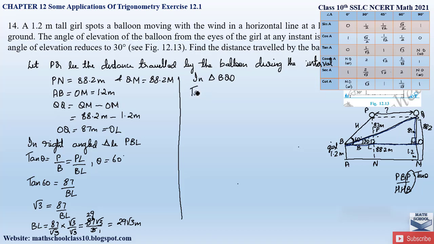So tan theta is equal to perpendicular by base, where our perpendicular value is OQ and base is BO, and the theta value is now 30 degree. So tan 30 is equal to OQ, which is 87 meter, divided by BO, which we have to find out.